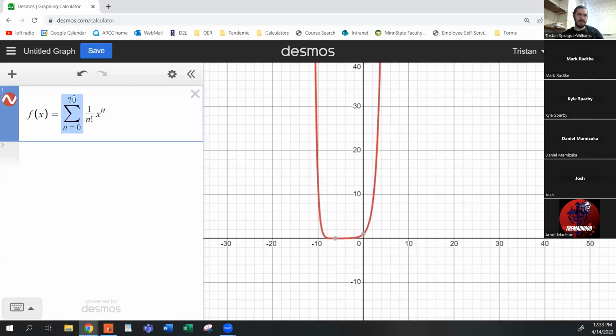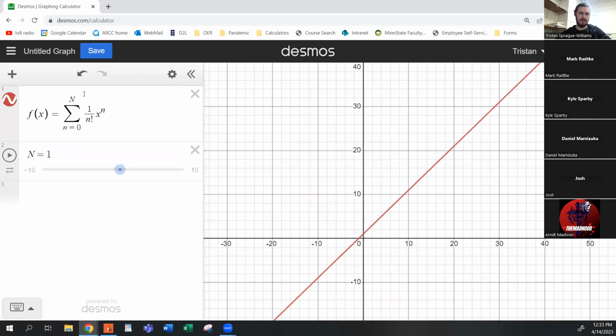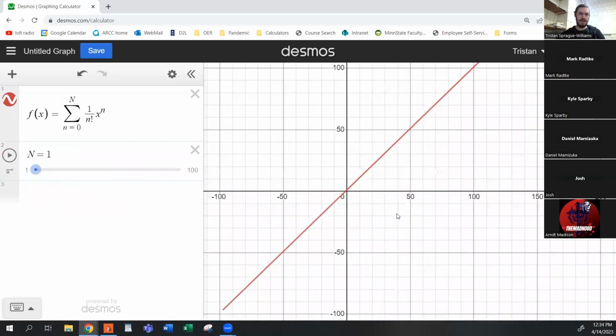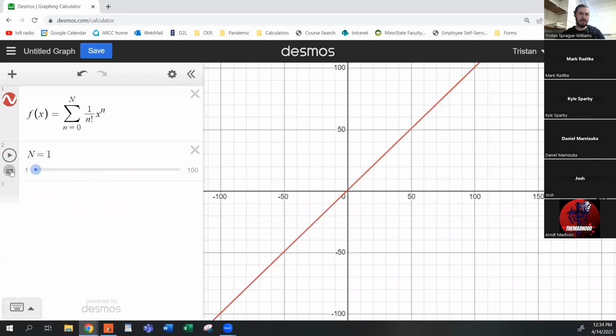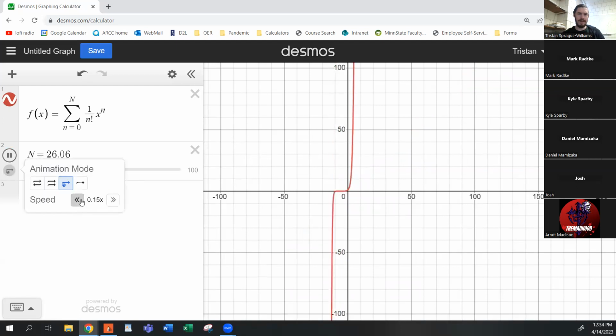Here, let's make it something I can animate. I'm going to put capital N up here, make a slider for capital N, and I'm going to make it go in steps of size 1 from like 1 up to 100. And we can see what this looks like. We're going to go pretty slow here. Even slower than that.